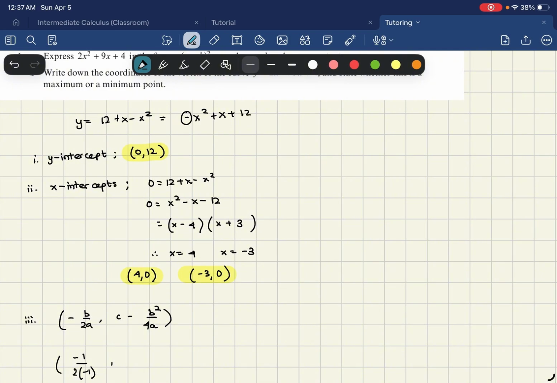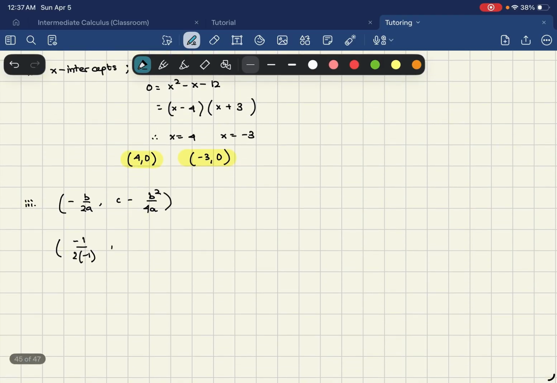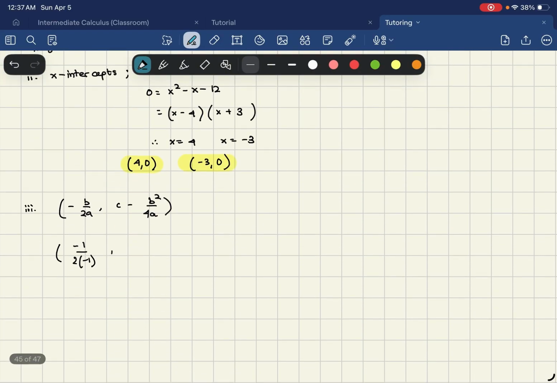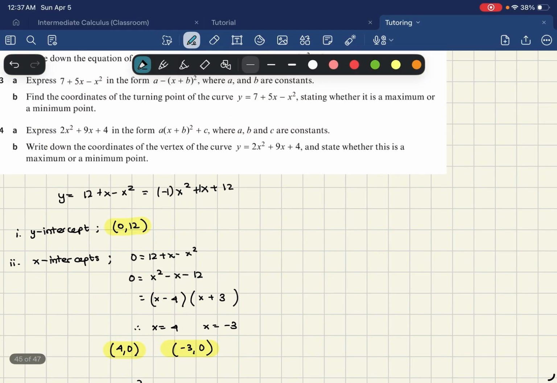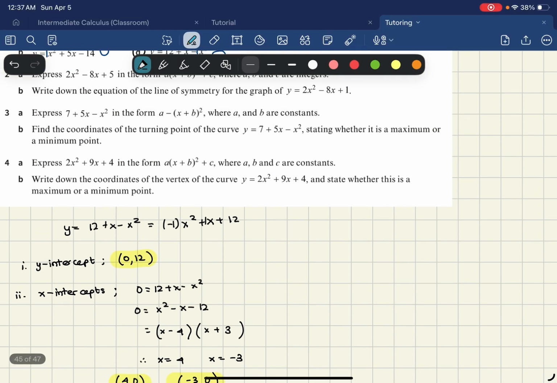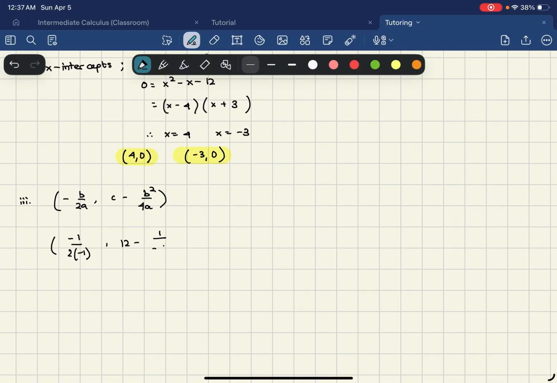So negative 1 is a, b is positive 1, and c is 12. So minus b is negative 1, divided by 2 times a, which is negative 1, comma, and then c is 12 minus b squared, 1 squared is 1, divided by 4a, which is negative 4.